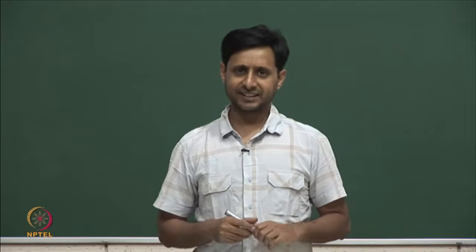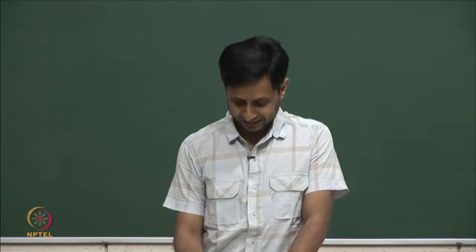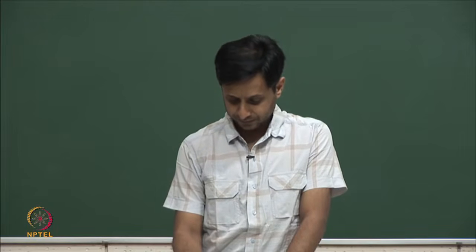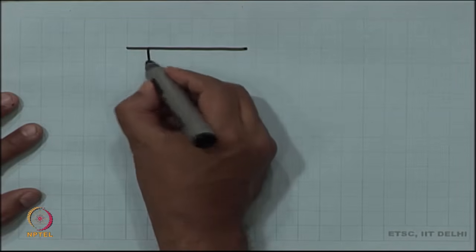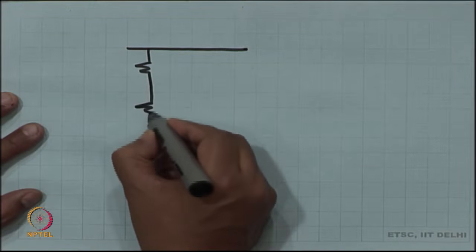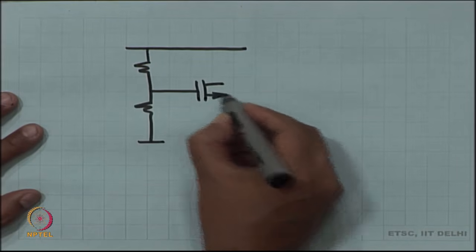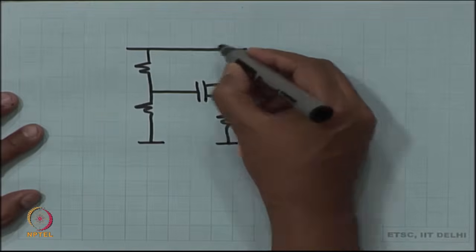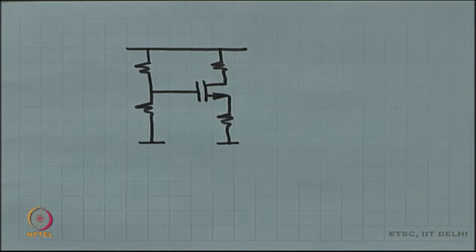As we were discussing yesterday, we worked out how the biasing is done. First of all, we worked out that to set the DC operating point of the MOSFET, this kind of a circuit is a good idea.